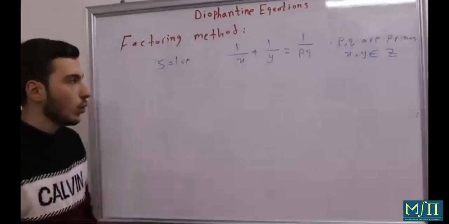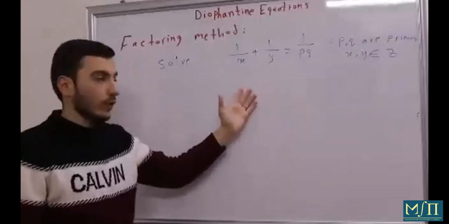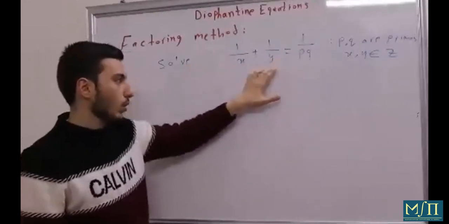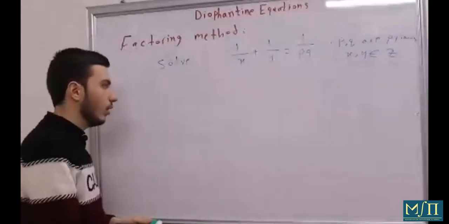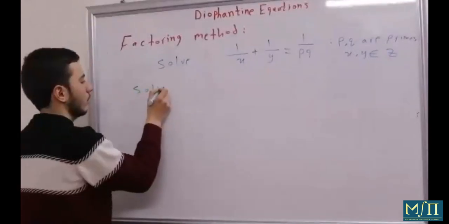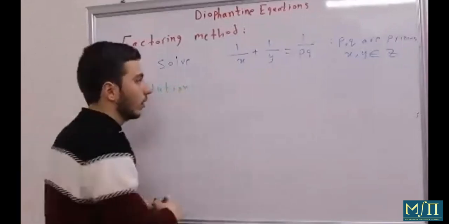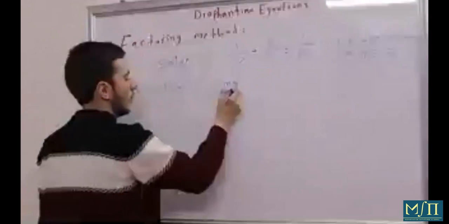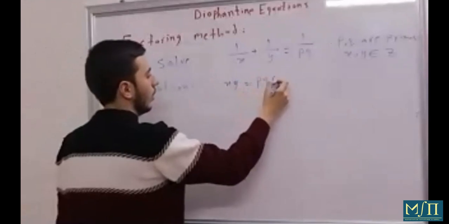Okay, so let's start solving this question. What we'll do at first is very clear. We'll multiply by p times q times x times y to get rid of the denominator. So we'll get the following: x times y equals p times q times x plus y.